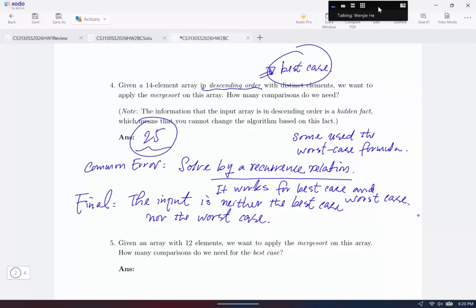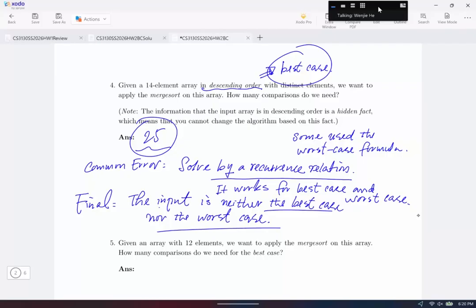So you need to do the specific merge details step by step for the general input, not the best case, not the worst case.